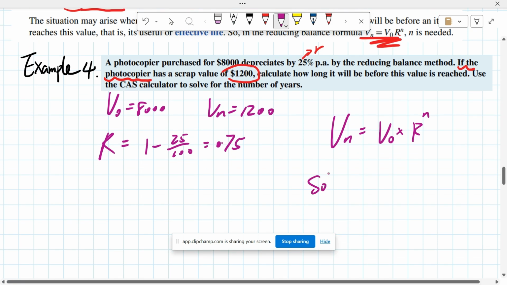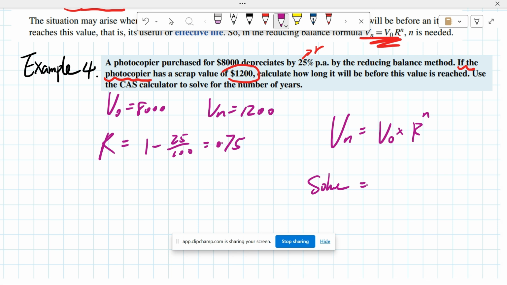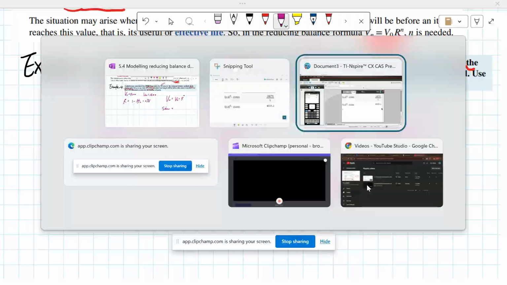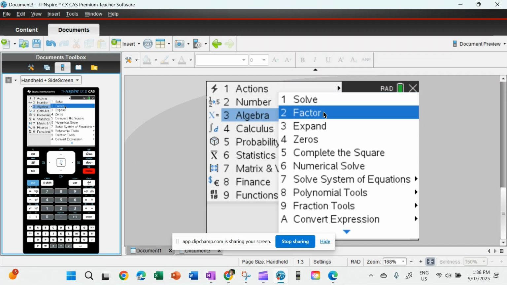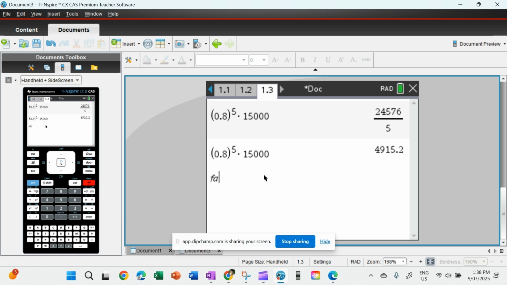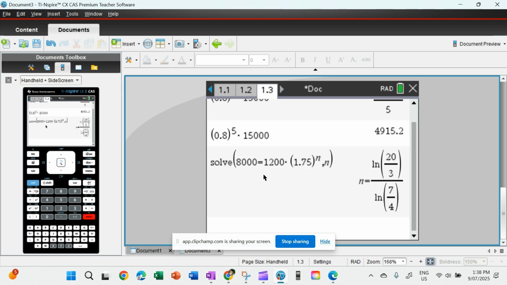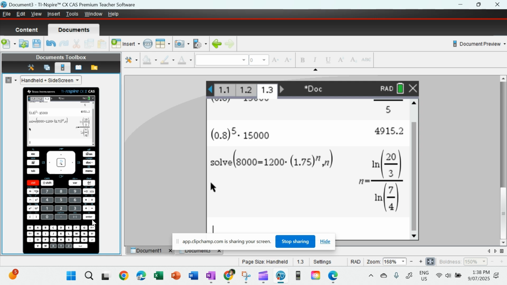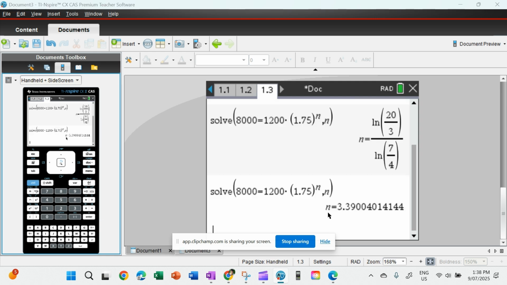So we use the solve function. We press Menu, Algebra, and Solve, not Factor, Solve function. $8,000 equals $1,200 multiplied by 0.75 to the power of n, comma n. That's kind of crazy, but we press Control Enter, and that equals 3.39.